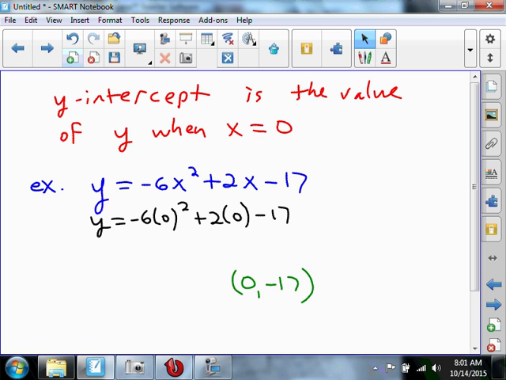So sometimes people need to simplify this. 0 squared is 0, so that's negative 6 times 0, 2 times 0, 0 minus 17. So that's 0 plus 0 minus 17, which is minus 17. Some people need to work through all that. But anyway, the point is the y-intercept is the value of y when x equals 0. Does everybody get that? Okay.